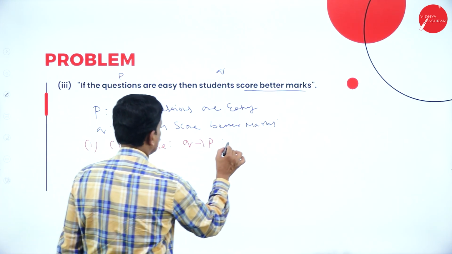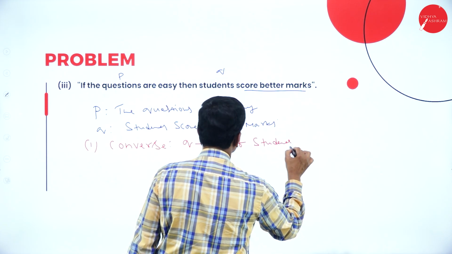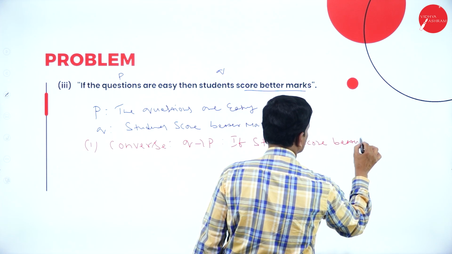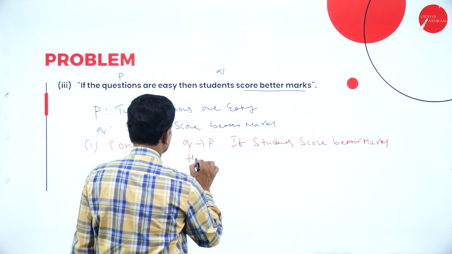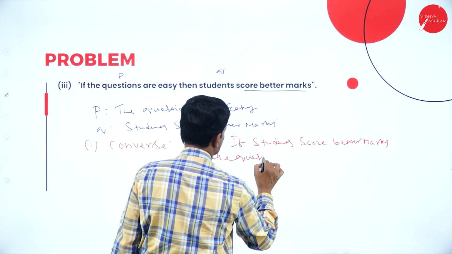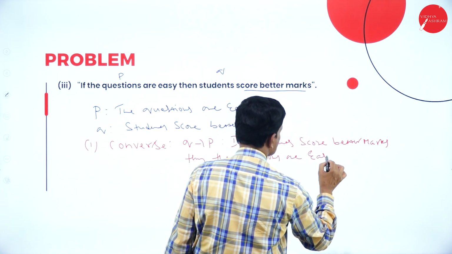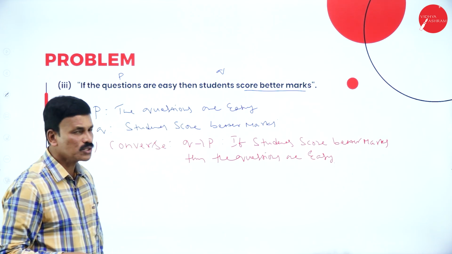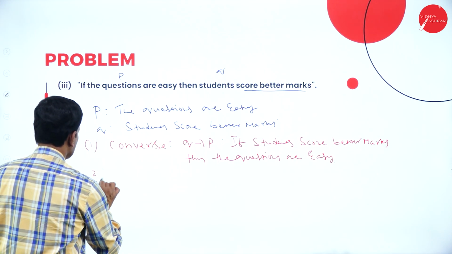That is, first write, if students score better marks, then the questions are easy. This is the converse. What is the converse? If the students score better marks, then the questions are easy.